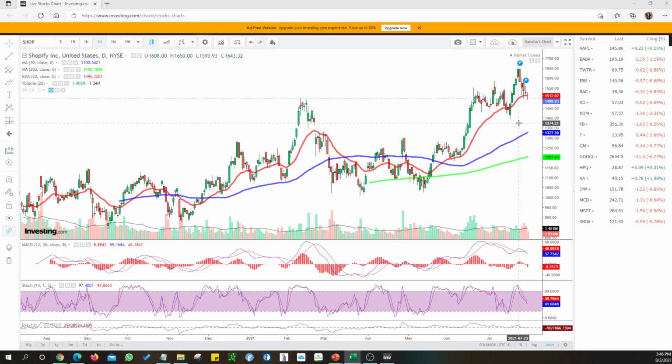So let's look at it. Is it uptrending? Yes, it is highly uptrending. The simple moving average of 200, which gives the view of 1 year, has a huge gap with the current closing.